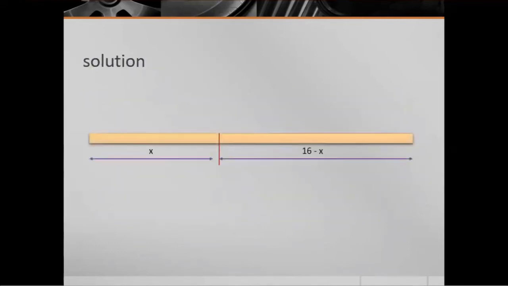For the solution, let's say ito yung ating sketch. Ito yung ating wire. So yung isang part ay lagyan natin ng variable x. Then yung other part naman ay 16 minus x because the wire is 16 inches long.